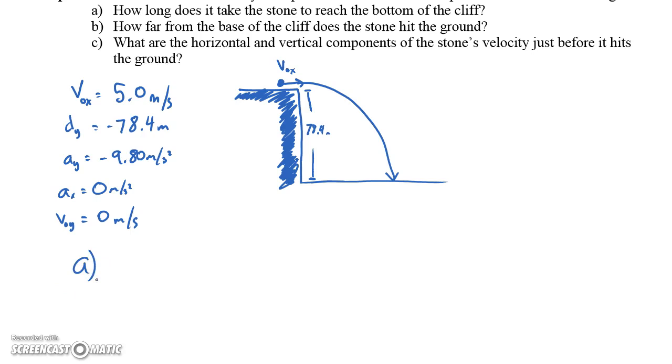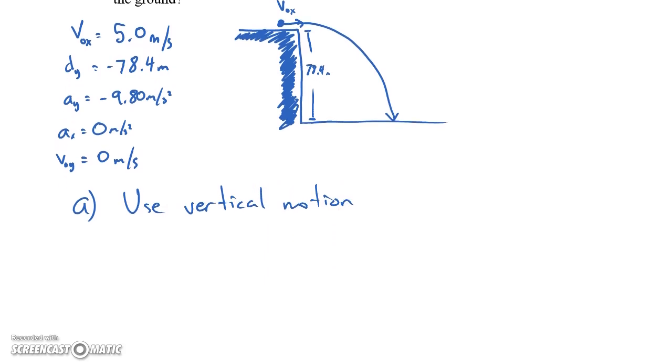Now, we don't know a lot about our x direction right now. We know the speed, we don't know the time, we don't know how far it goes, we don't know anything about the x direction. So we'll use the vertical motion. So we're only using y directions to solve for time because we just don't have enough information about the x.